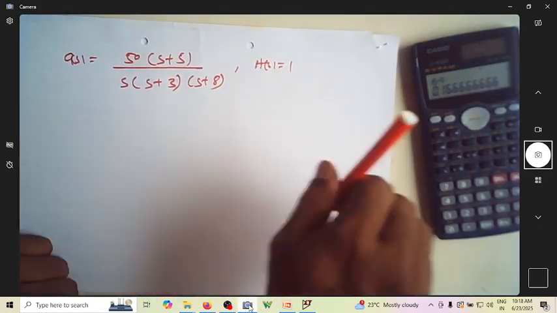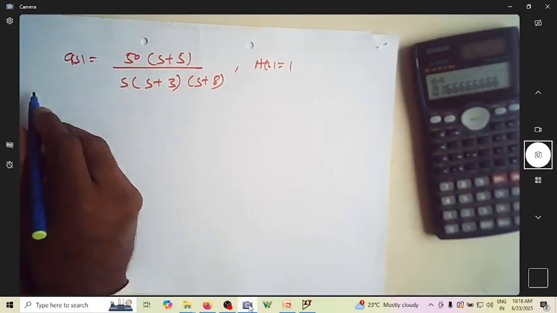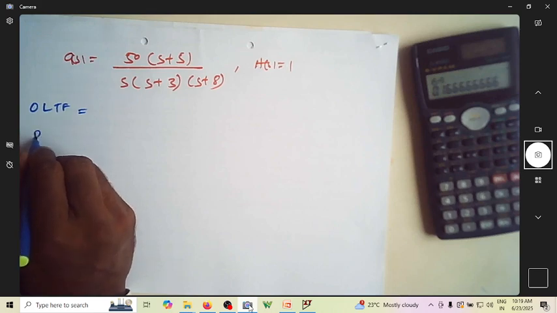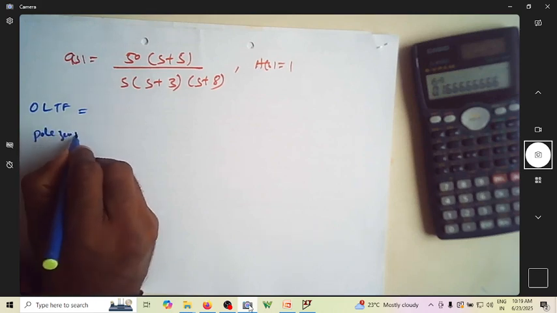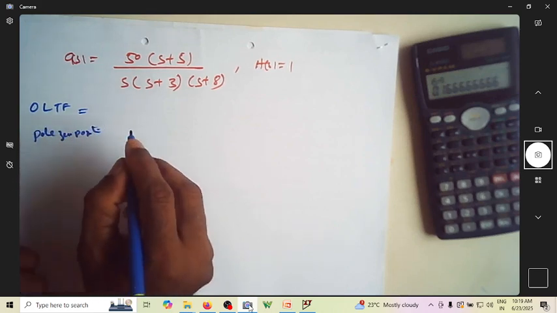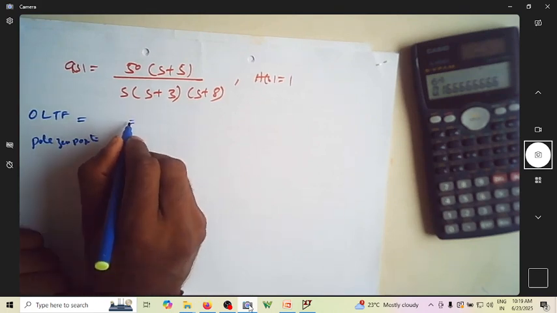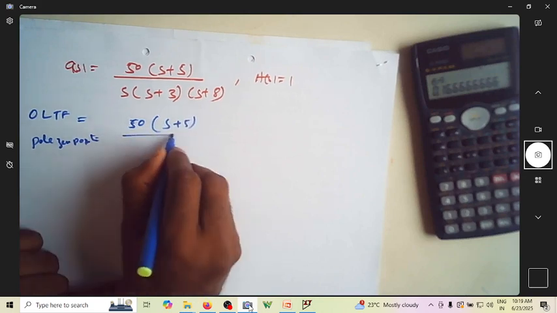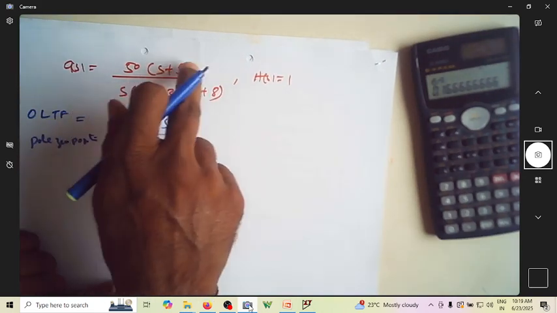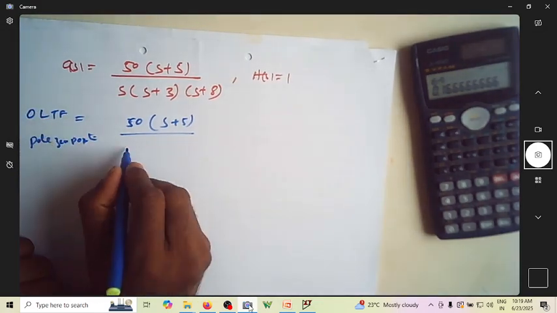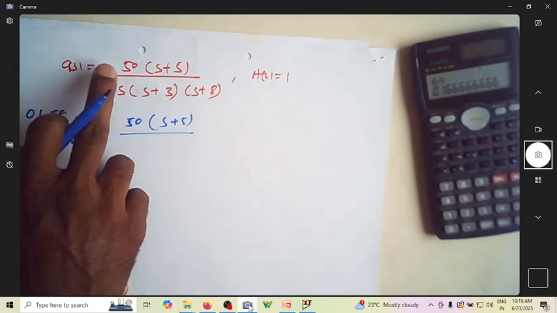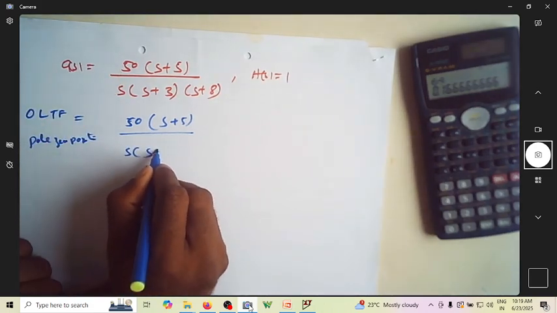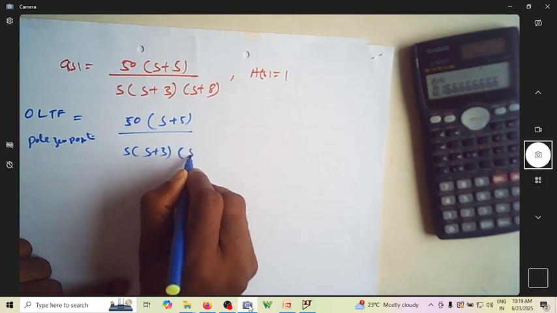I'm interested in knowing the open loop transfer function and the pole-zero positions. It is 50 into (s plus 5), because it is G(s) into H(s), my open loop transfer function. Since H(s) is 1, whatever is your G(s) becomes the open loop transfer function. It is s into (s plus 3) (s plus 8).